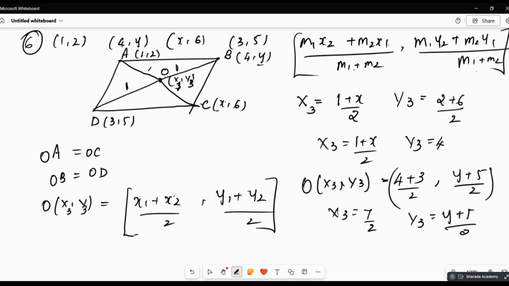But I already found y3, that is 4. So 4 is equal to (y + 5)/2. 4 2s are 8 is equal to y plus 5. Y is equal to 3. So here it is 4 comma 3. What about x3? It is 7 by 2, and y3 is 4.